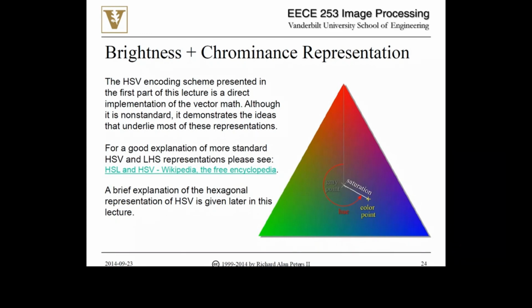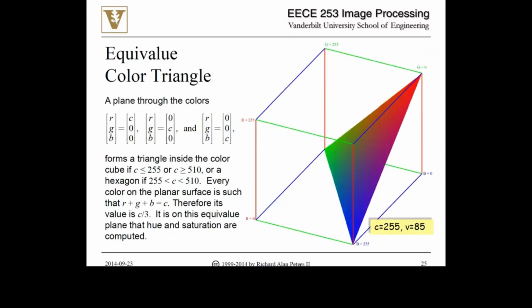The one we will study is HSV, that is hue, saturation, and value. So we will use the value instead of the luminance. There are many, but we will see one of them just to get an idea of how these things are constructed.